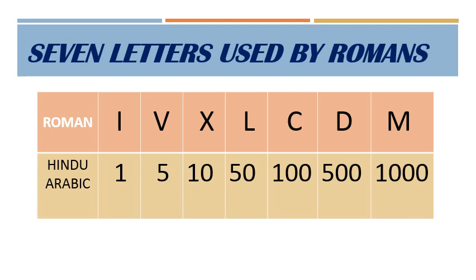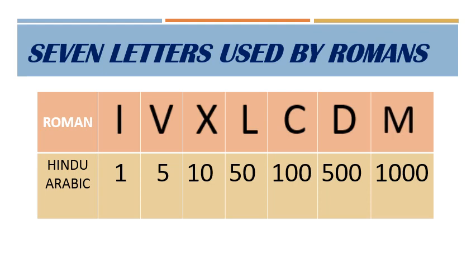They are related to Hindu-Arabic numbers: I stands for 1, V stands for 5, X stands for 10, L stands for 50, C stands for 100, D stands for 500, and M is for 1000.